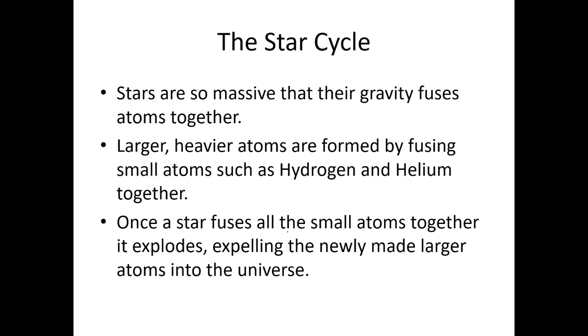And so much energy is expelled from the formation of these larger atoms that the star explodes. It just blasts into pieces in what's called a supernova. Supernova is the most violent event in the universe, and all those larger atoms that are forged in that collapsing, the dying of the star, are then scattered throughout the universe by the supernova.